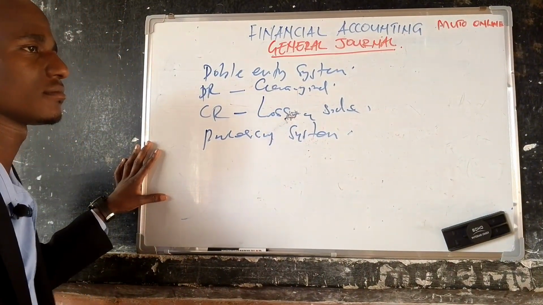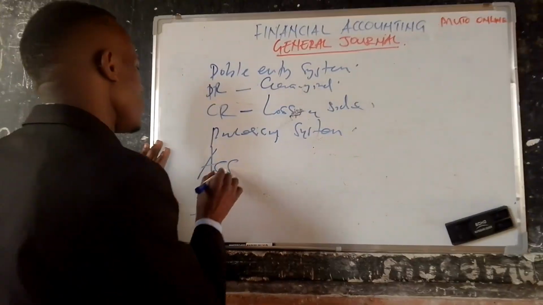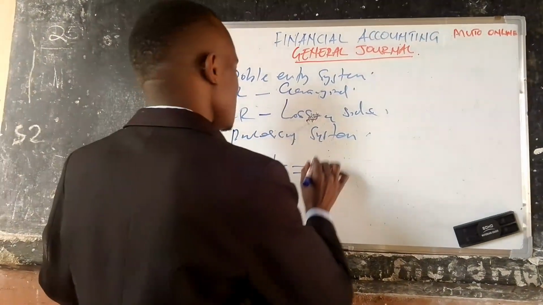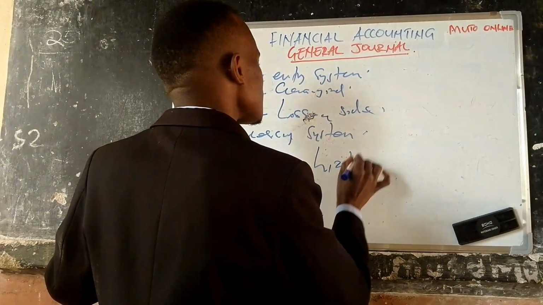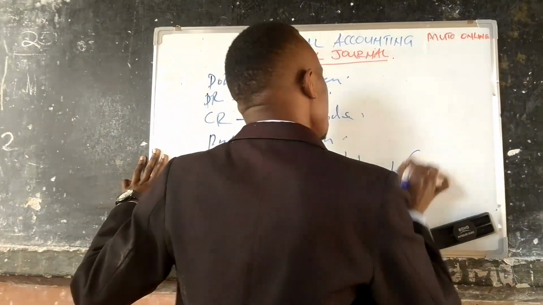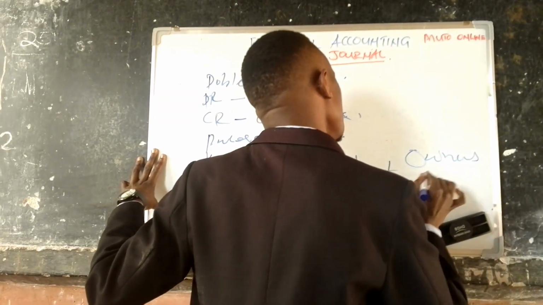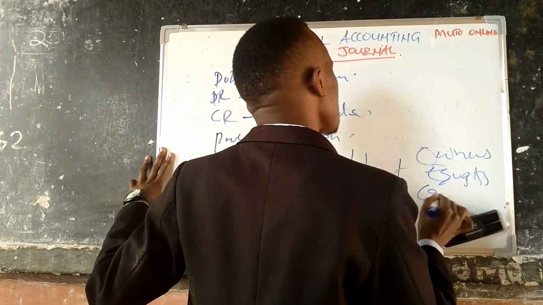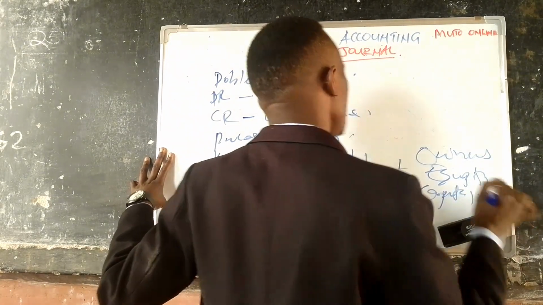We are going to look at such languages: assets, liabilities, and owners' equity, what some call capital.